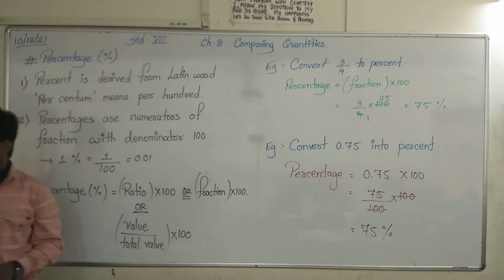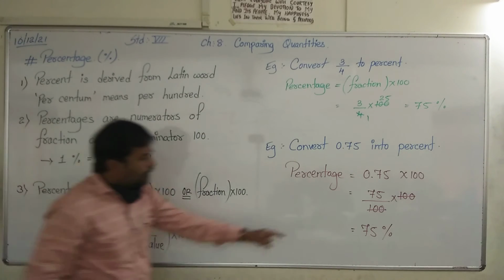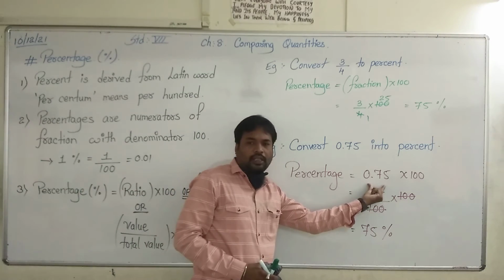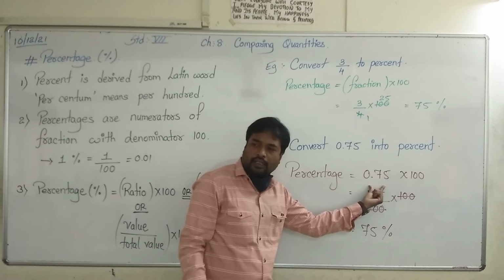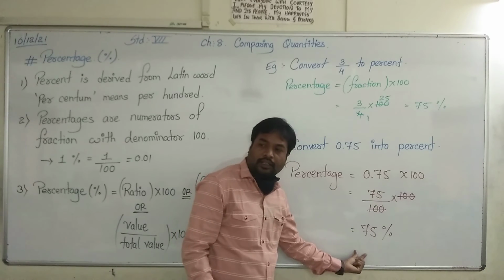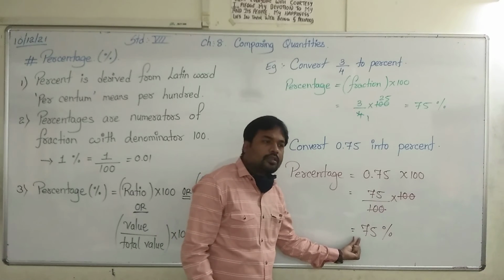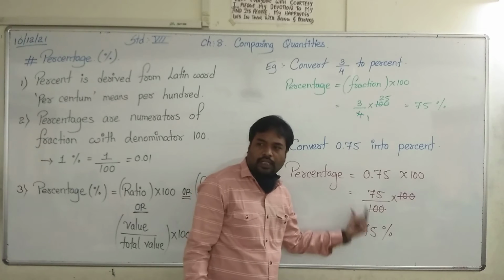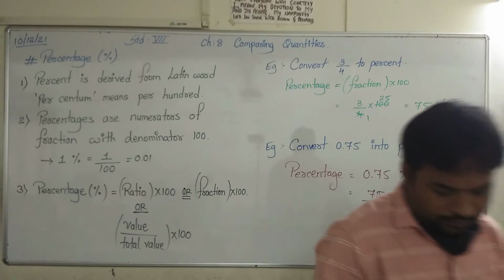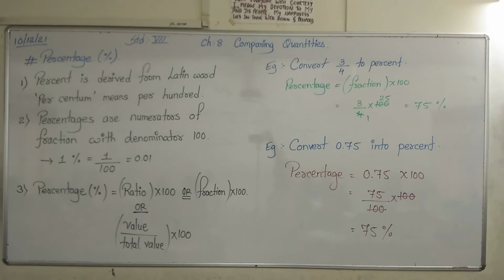Are you getting it? Now in reverse, what answer will I get? 0.75, because I have to divide by 100 and jump back. Are you getting how to solve percentage? Quick.